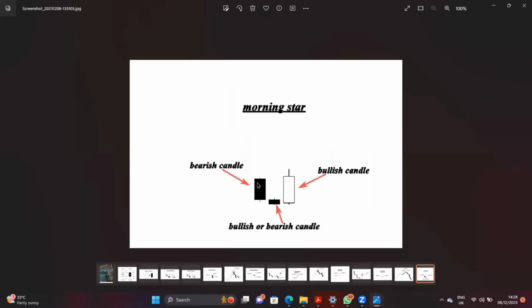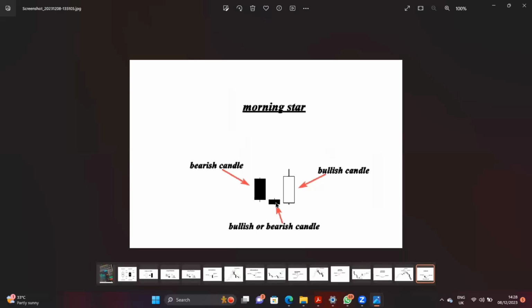If it is a bullish candle, it means buyers are still in charge. If it is a bearish candle, it means sellers are still in charge. So the first bearish candle means that sellers are still in control of the market.